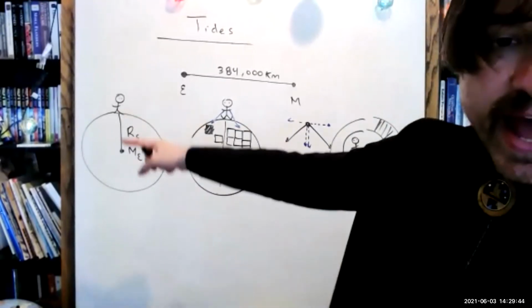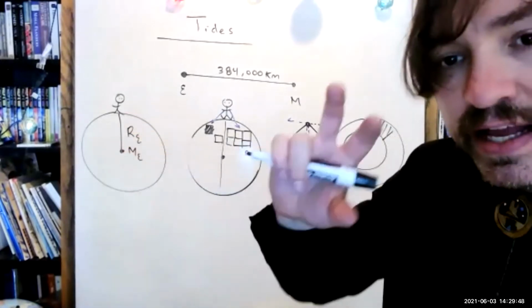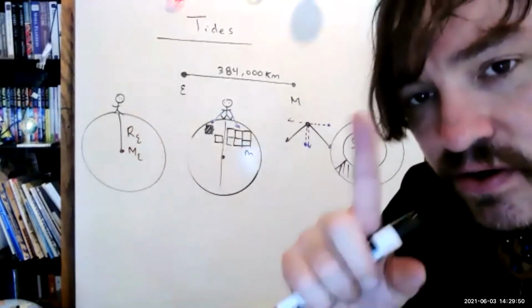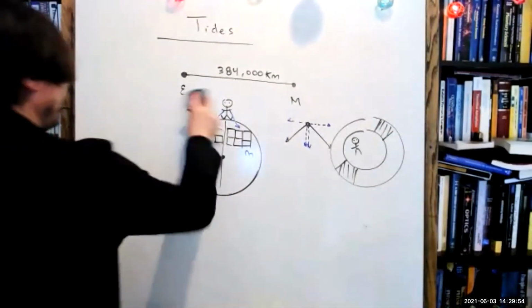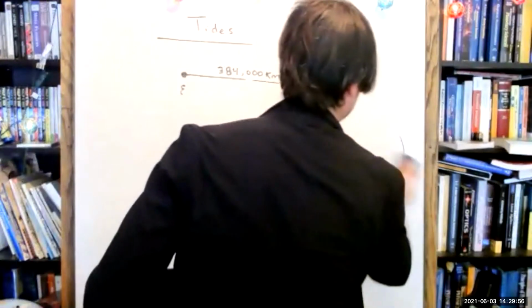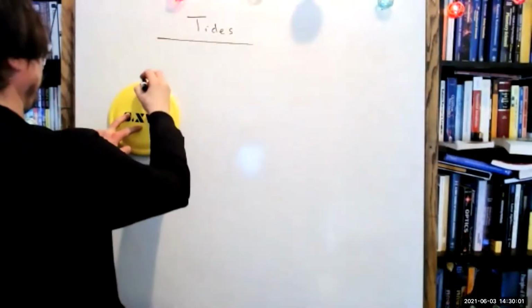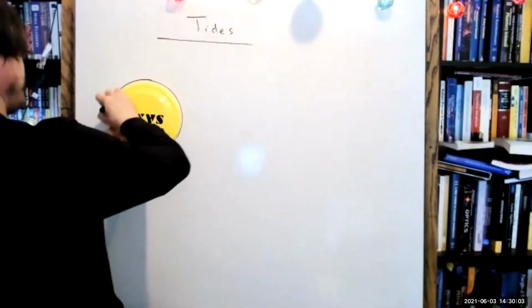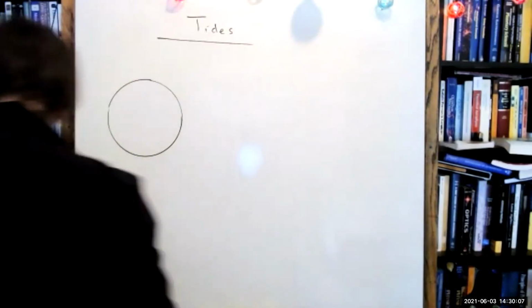Even though the man acts as if he's concentrated at the center of Earth, that gravity, it's not the same when you analyze the Earth and the Moon. And let's take a quick look at why. To do this right, I'm going to use some nice perfect spheres. So make a sphere represent Earth.